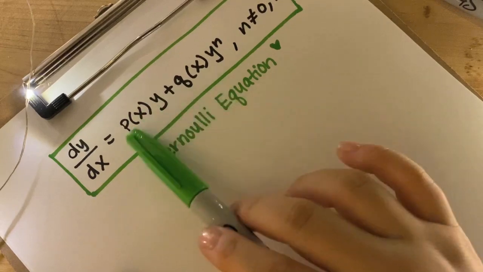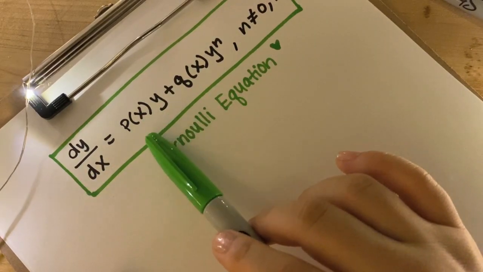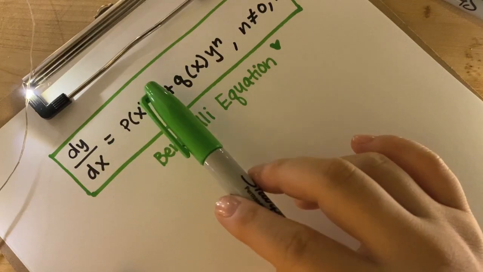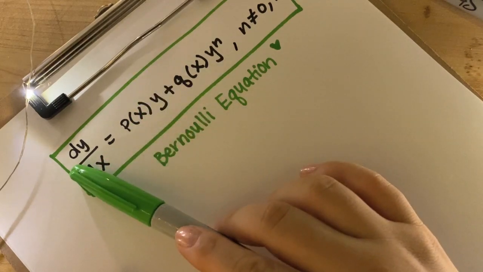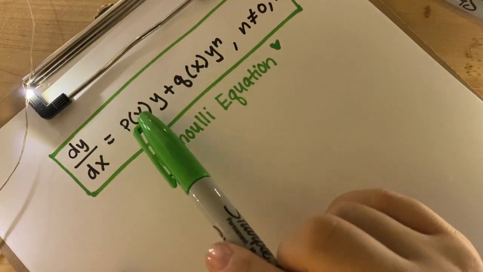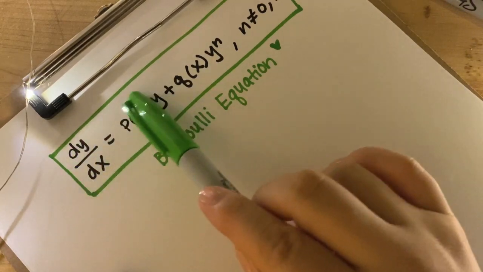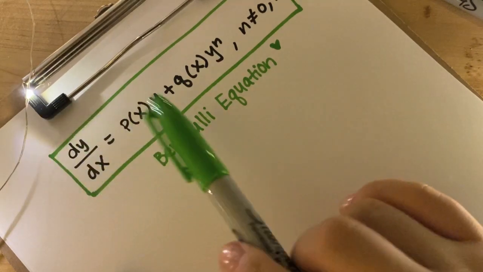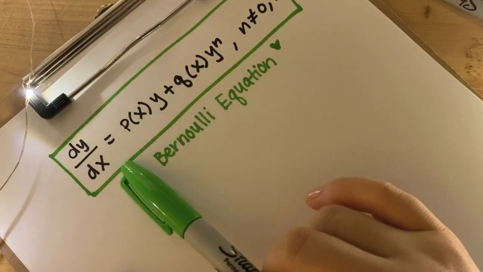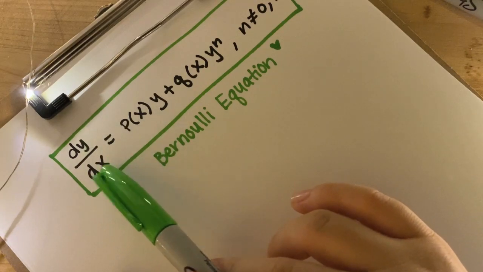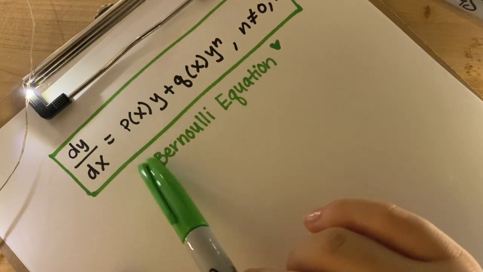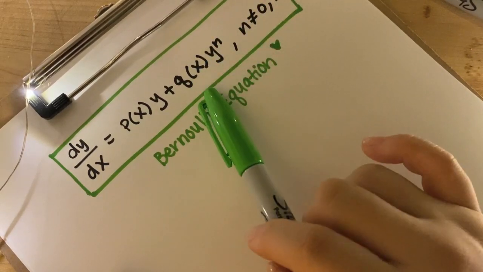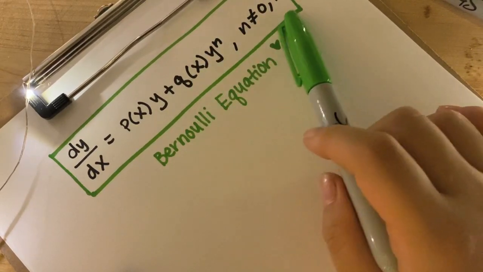And since those are multiplied, that actually makes this equation separable, which just means we can put all the y terms on one side, all the x terms on the other. It's just multiplication or division. So we could go ahead and take the integral on both sides and solve directly there. So we also would have a method for that case, and that is also not a Bernoulli equation. So these are the special cases, the 0 and the 1.